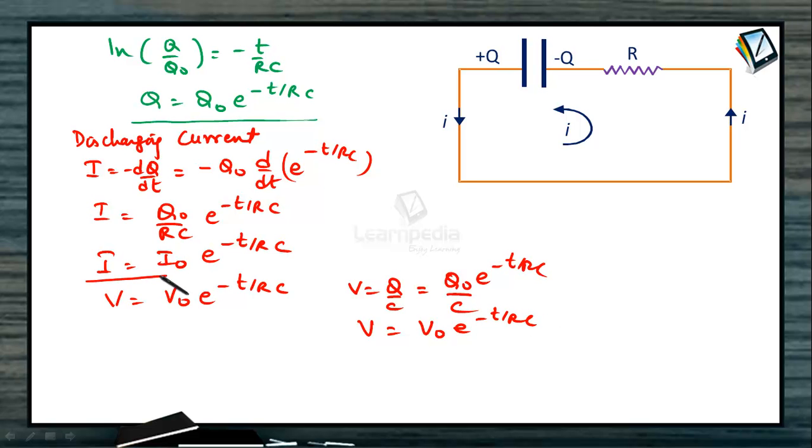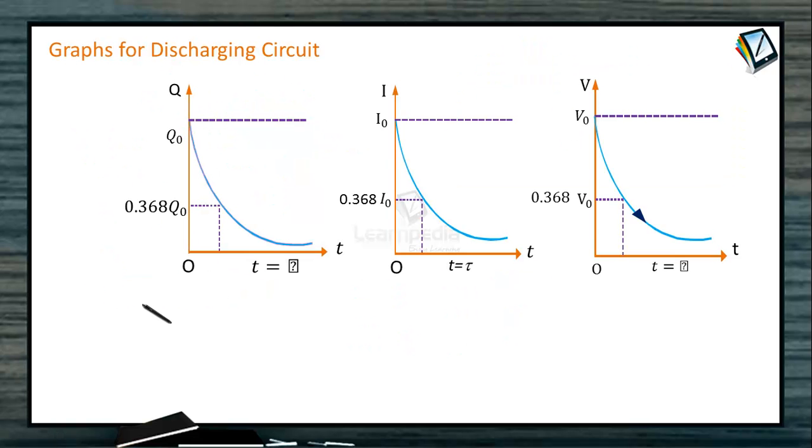So this is how the current is going to vary, the potential across the capacitor is going to vary, and the charge on the plates of the capacitor is going to vary. The charge varies as Q is equal to Q0 e to the power minus t by RC, current varies as I is equal to I0 e to the power minus t by RC, and potential across the plates varies as V0 e to the power minus t by RC.